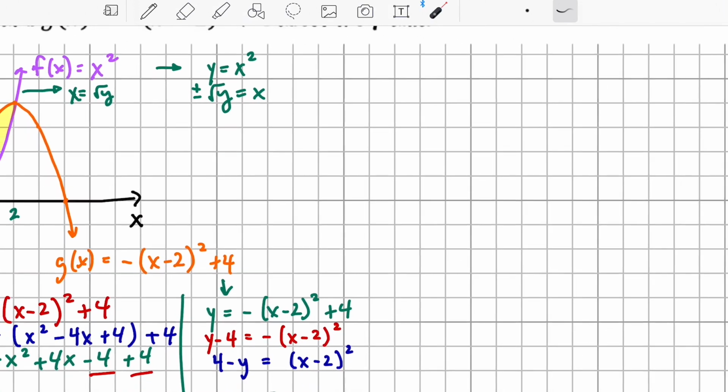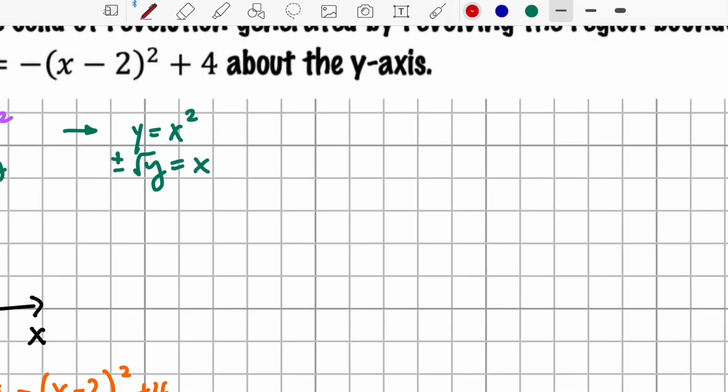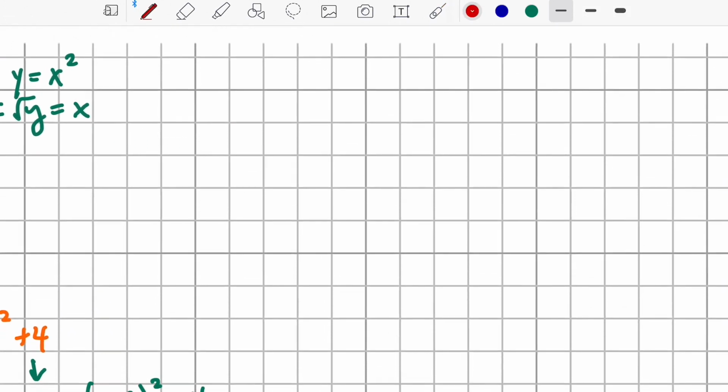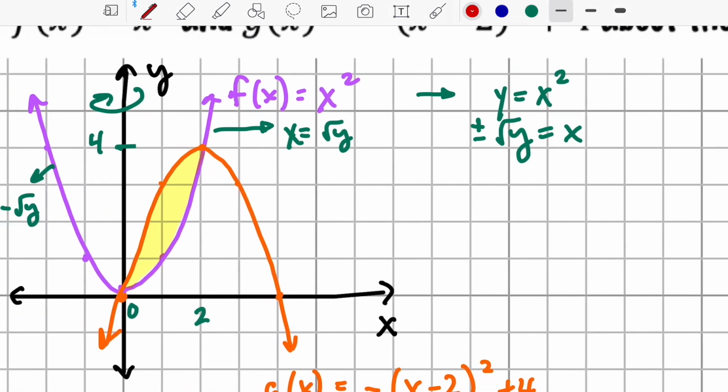Let's set up the integral. And this will be a calculator problem. So volume equals pi, the integral from 0 to 4. Remember, this time it's from this y value to this y value. So from 0 to 4.